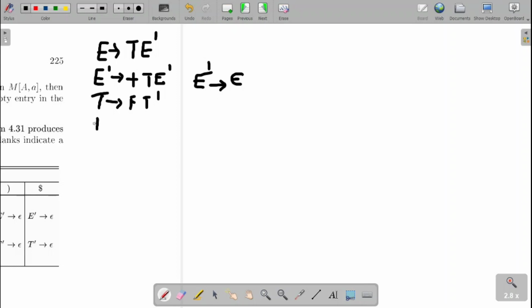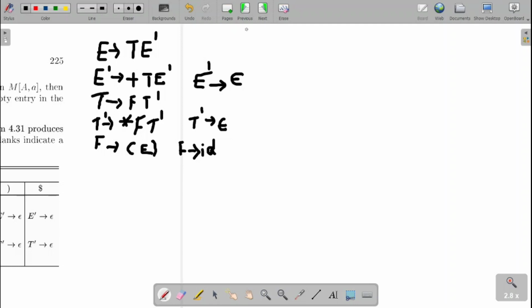Then T dash derives star F T dash, or T dash derives epsilon. Then F derives open E close, or F derives ID. So this is our given grammar.